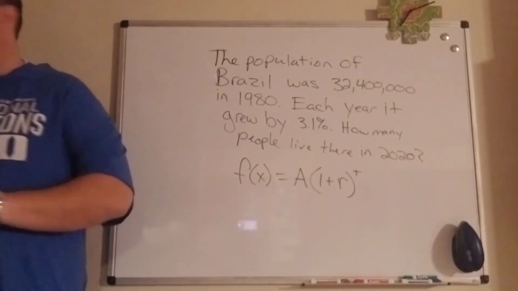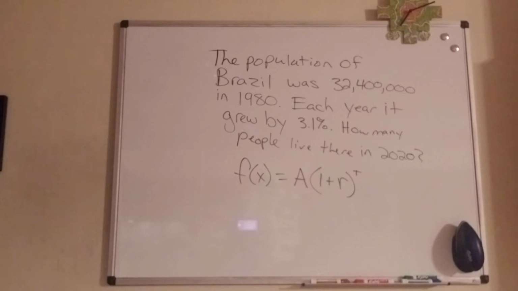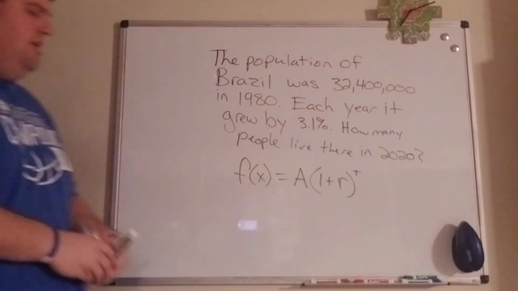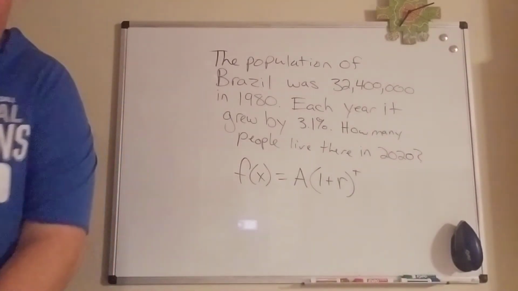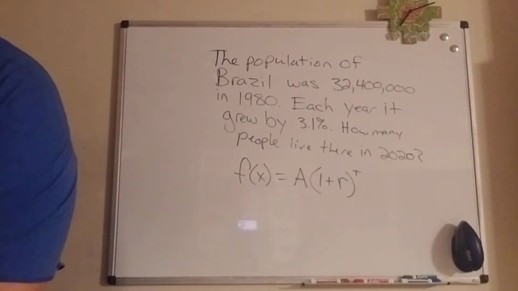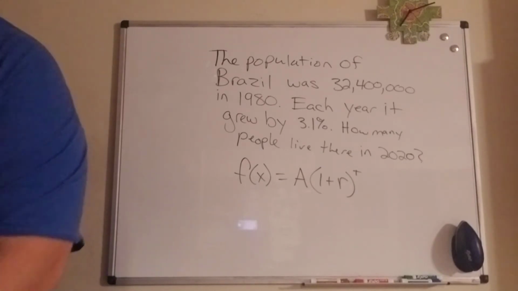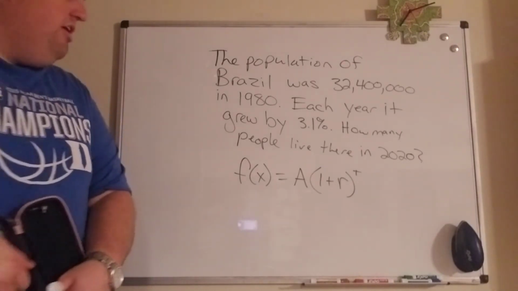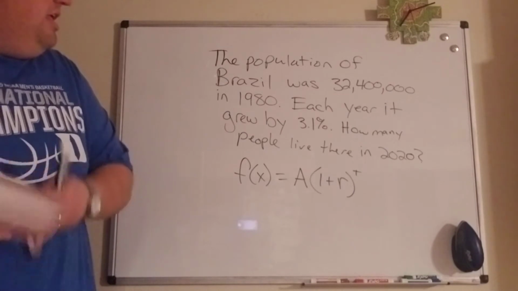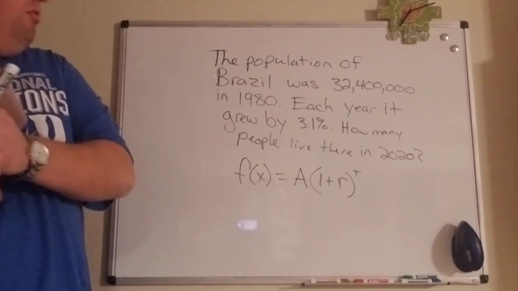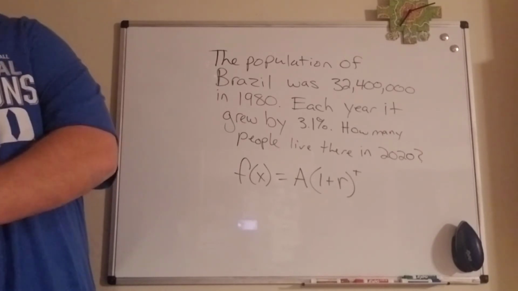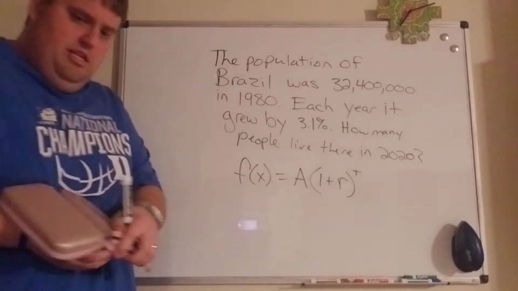So if you look, you see that there's definitely some similarities between what we have done so far, right? You see the a there, that's like our principal, our initial value. It's in the y-intercept spot, so that's kind of how we know it's one of our initial values, right? We also see that we have inside the parentheses 1 plus r. That's our rate, just like it was yesterday.